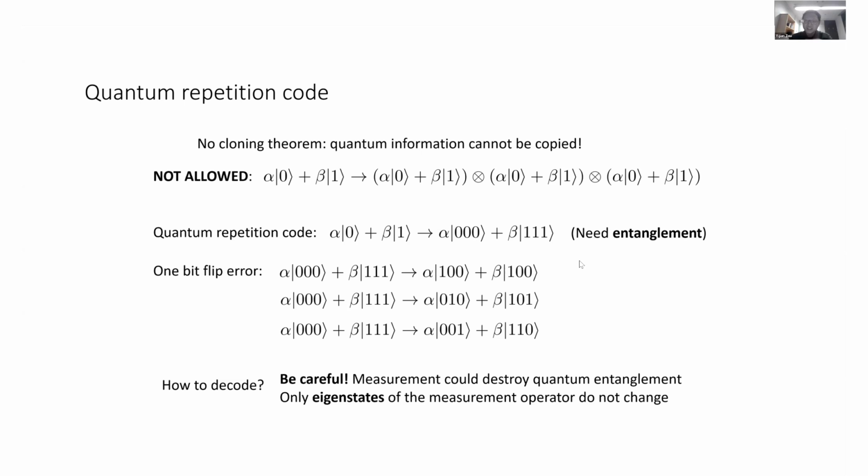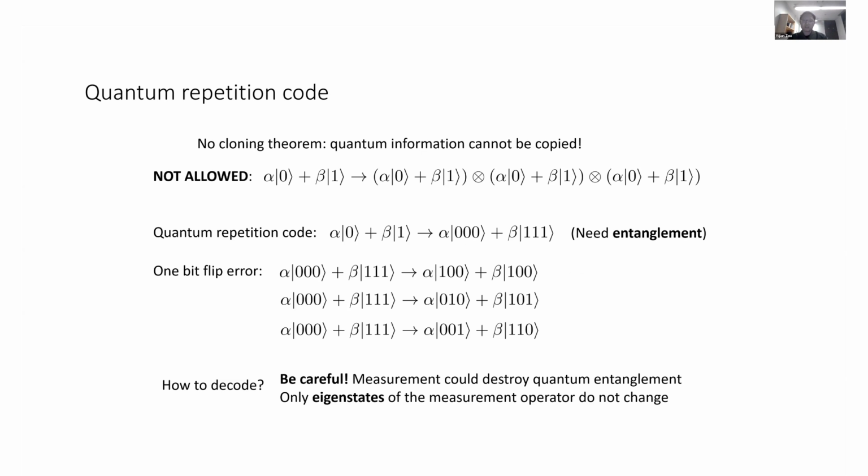But then you see that there's a very sharp distinction between the classical case and the quantum case. In the quantum case, if you do this encoding, then the state that you have must have some entanglement. So you see that alpha 0, 0, 0 and beta 1, 1, 1 are superposed on each other. So these three qubits are entangled with each other.